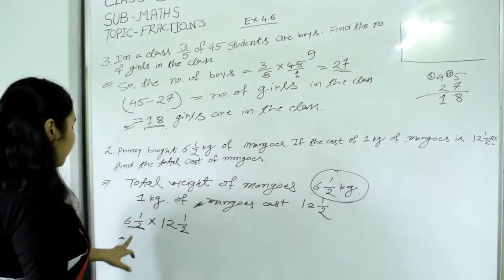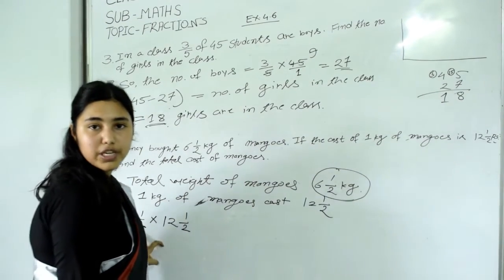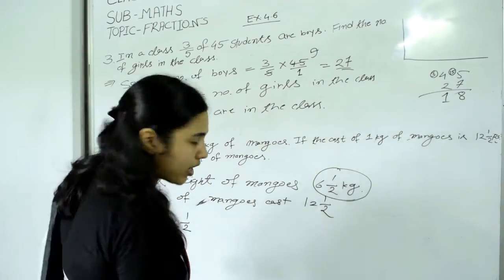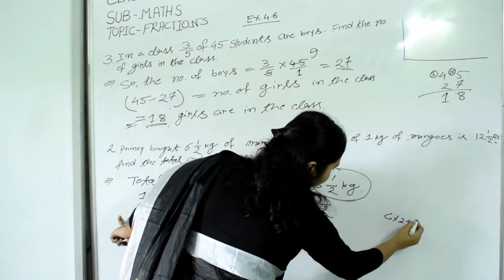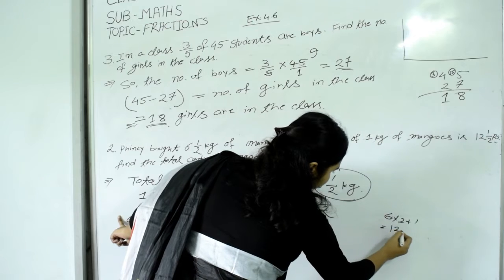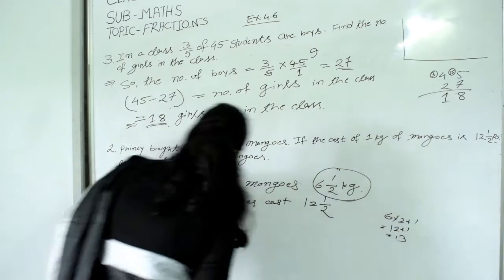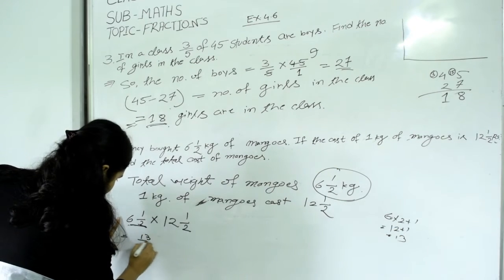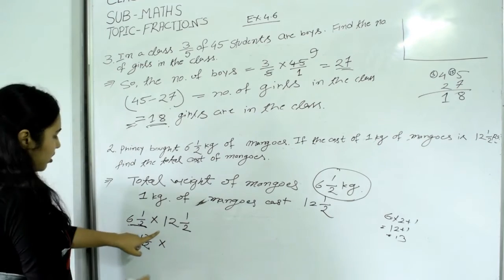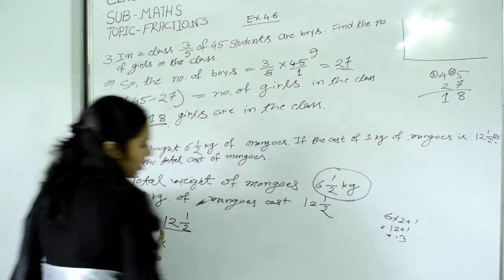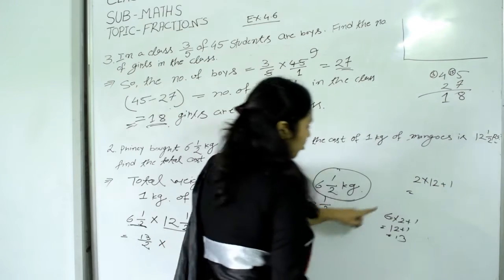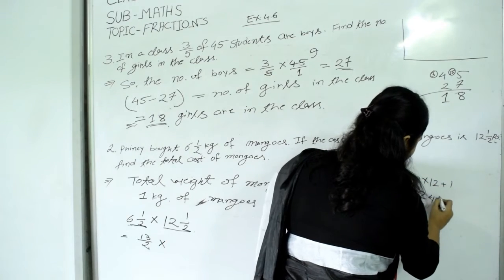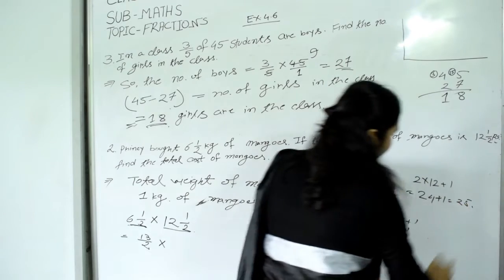Now first convert this mixed fraction into an improper fraction. So 6 into 2 plus 1 equals 13. So we get here 13 by 2 into, now convert this mixed fraction again. So 2 into 12 plus 1 is equal to 24 plus 1 is equal to 25.